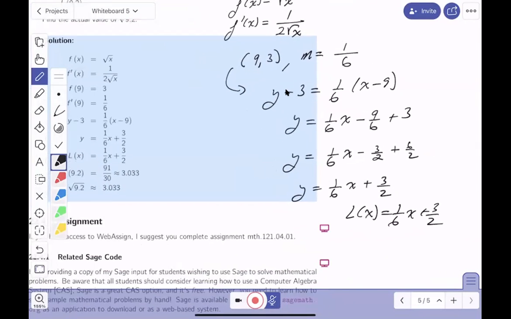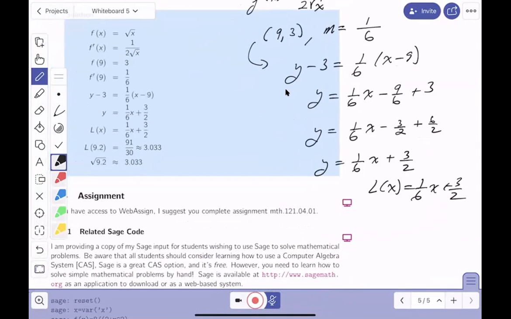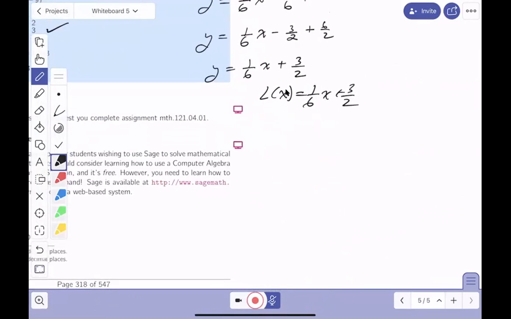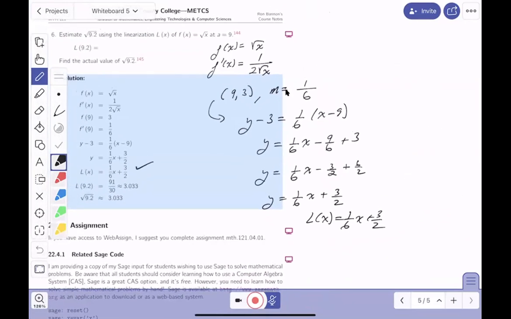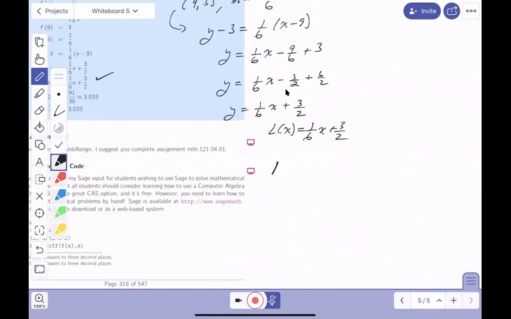All right, let's take a look and see if they've got that. And I'm seeing that right over here. Now they want to use the linearization to approximate the square root of 9.2. So what do I do? L of 9.2. Let me write that down for you.